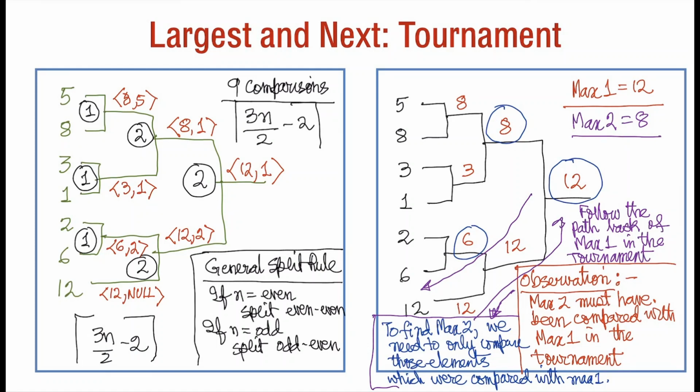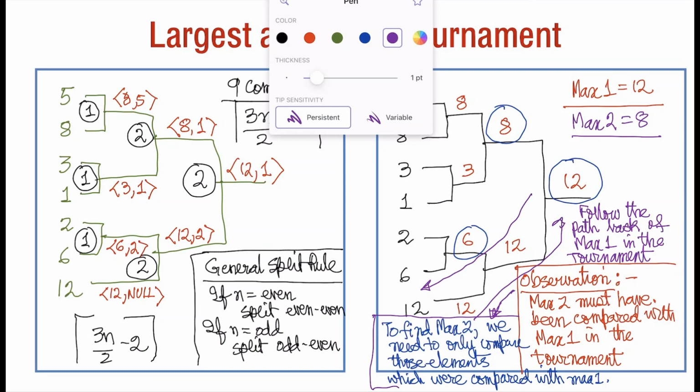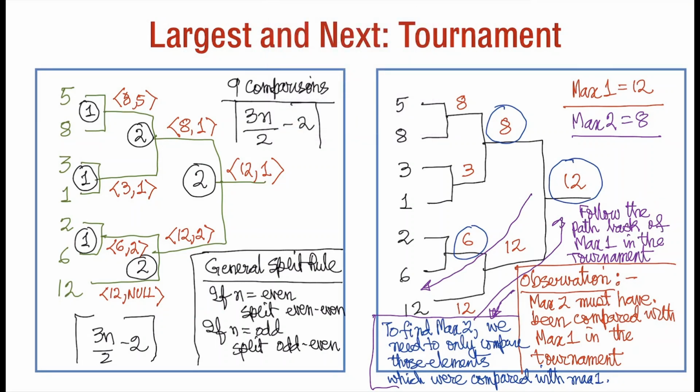And since you are getting max 2 equal to 8, what becomes the complexity now? The complexity is that we had n minus 1 comparisons for max 1.